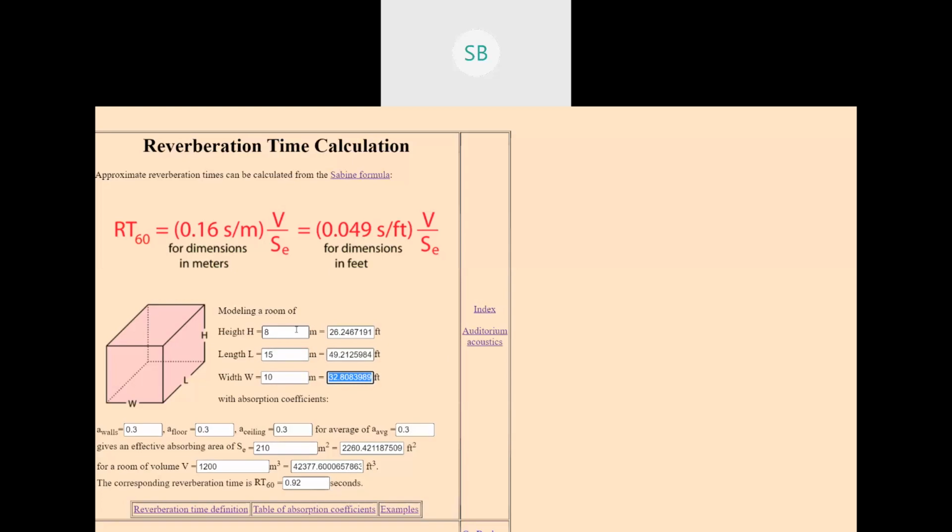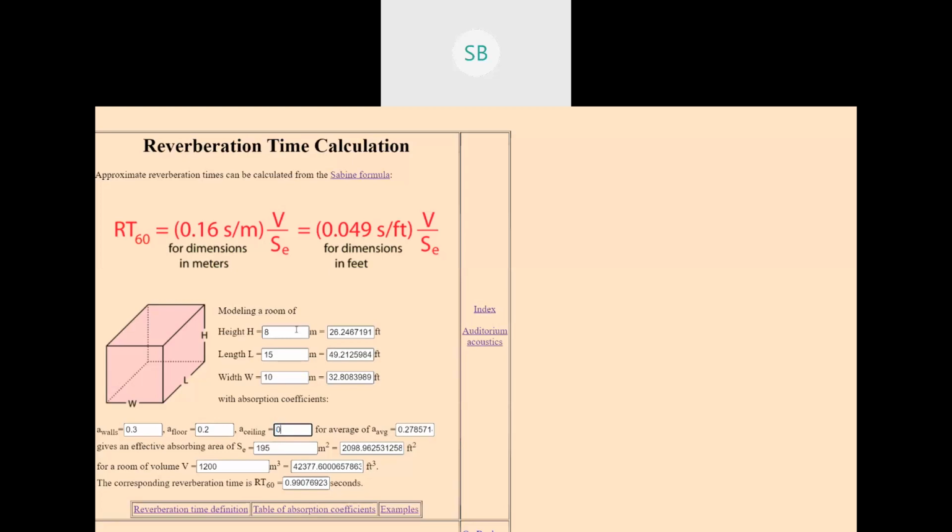Now the coefficient of absorption for the wall is taken as 0.3 over here, the floor is 0.3, the ceiling is 0.3. You can also vary this, let us say 0.2, or suppose 0.5.